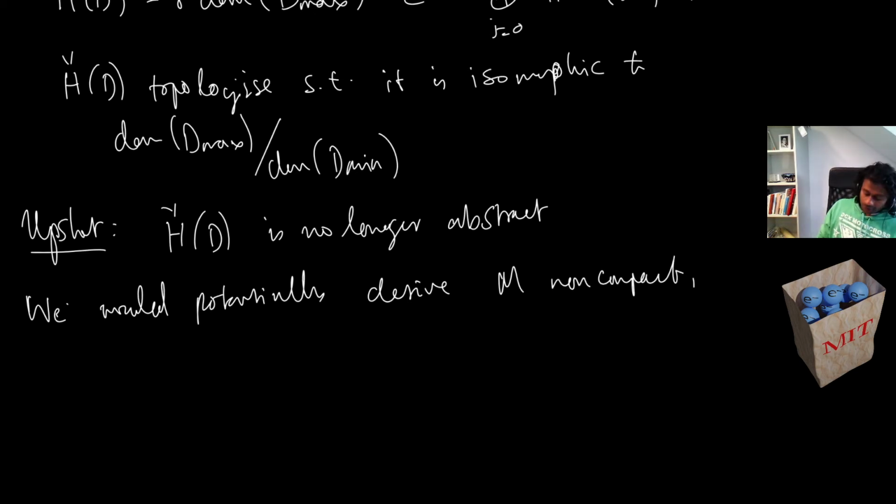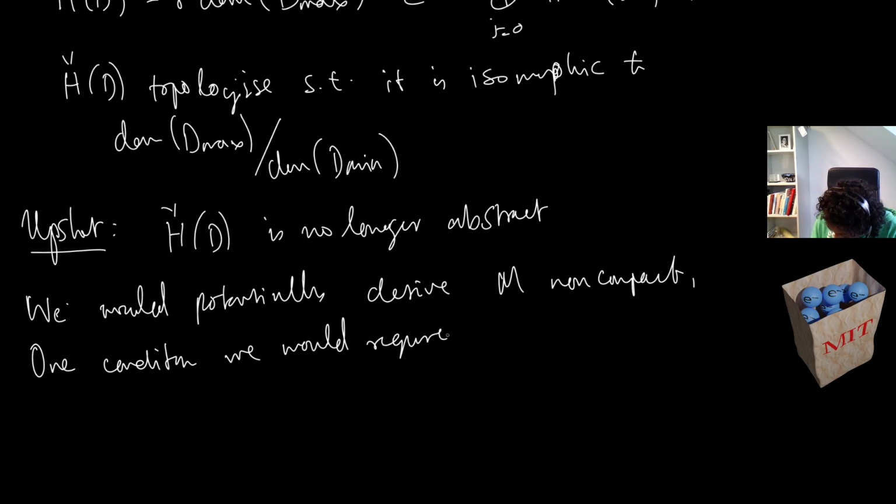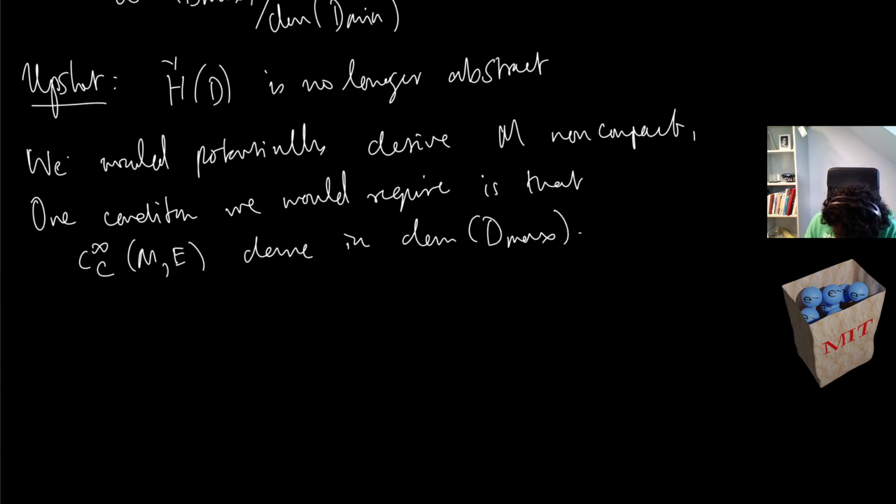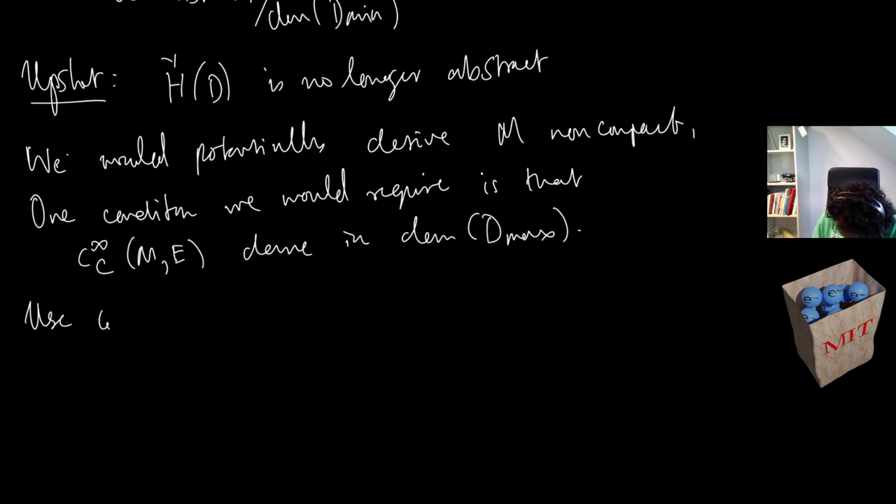So certainly if we were to do that, one condition we would require is that C infinity C of ME is dense in DOM D max. Okay, so this is also already a condition that we've seen, and we would use the Collar neighborhood theorem.